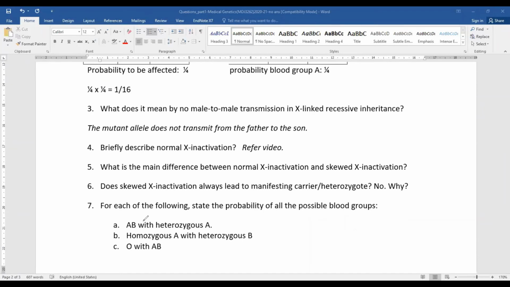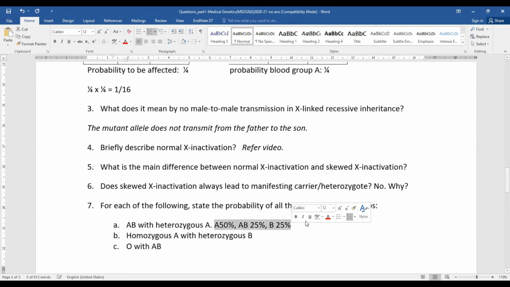If you have a different answer, so this one is A 50%, AB 25%, and then B 25%. All of you got the same answer?